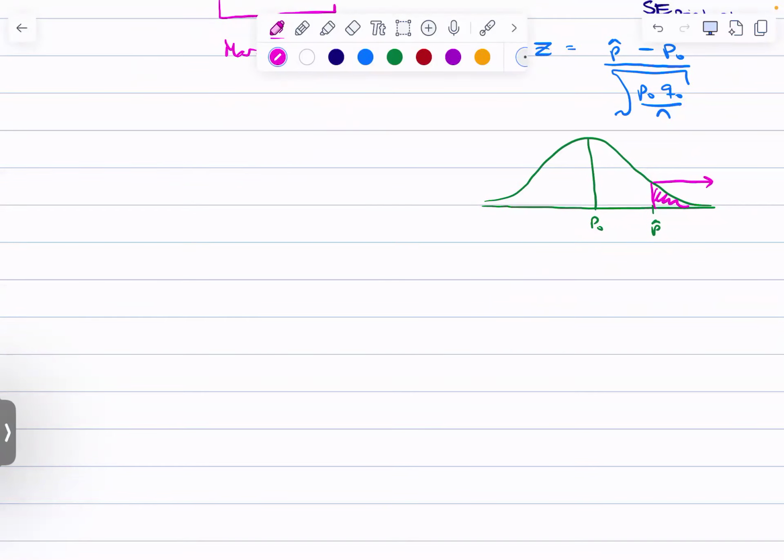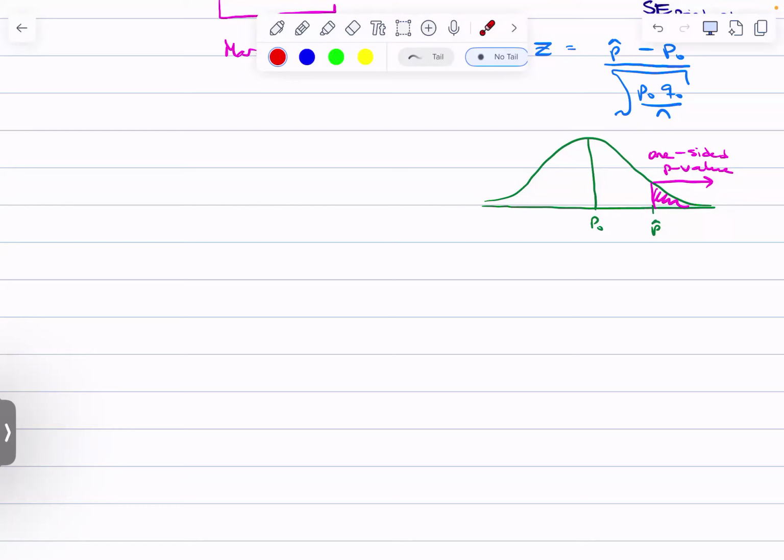This area is the one-sided p-value if we're above the center, right? If we're above P naught, then the p-value is going to be, remember, p-value is the probability of seeing something as extreme or more extreme, right? So it's always going to be the area in the tail, right?